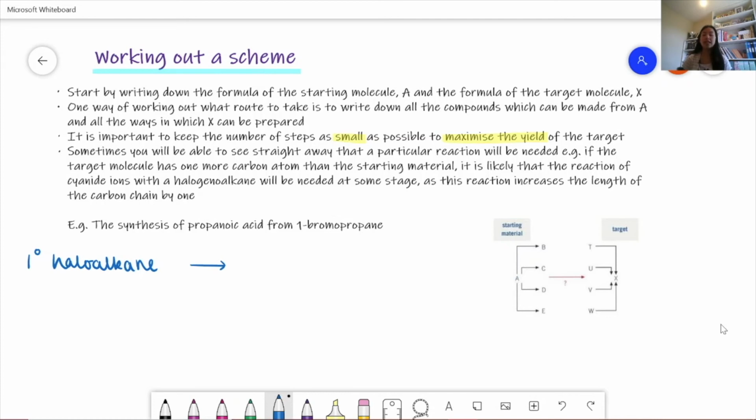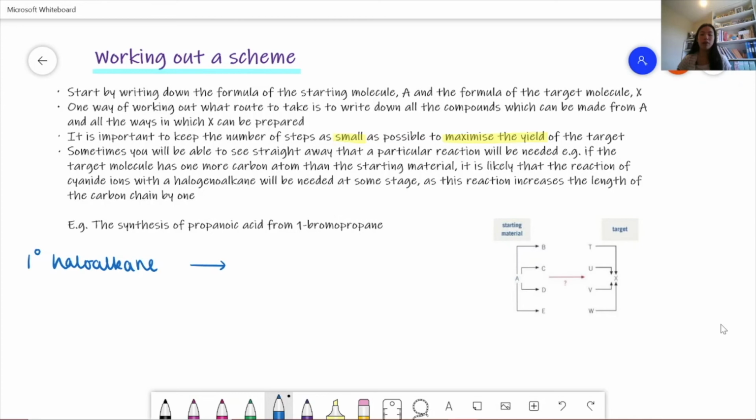And things that can act as nucleophiles are either negative ions or species that have a lone pair of electrons that can be donated to form a covalent bond. And so we can react primary haloalkanes with hydroxide ions, for example, to form an alcohol.